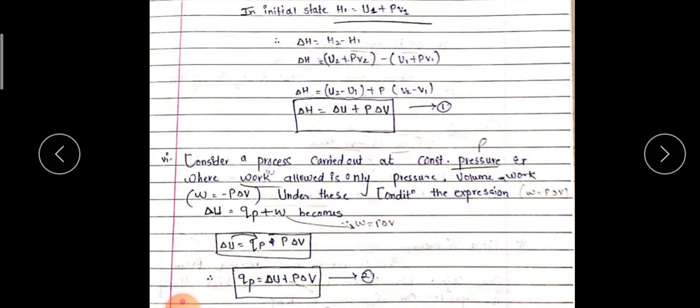Very simple it is. After substitution, we have to take the change in enthalpy. We can't calculate the direct value of the enthalpy, but we can deal with the change in enthalpy.